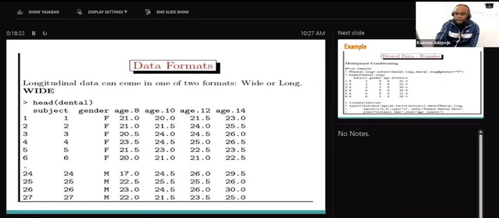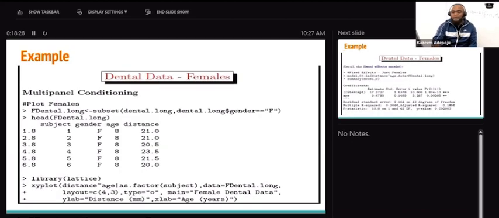Now take a look. This is our data. The last time we met, I only focused on female, and I'm bringing that back. We may want to focus on a particular gender where the interest is, so let's look at what happened for female, or we want to look at male.